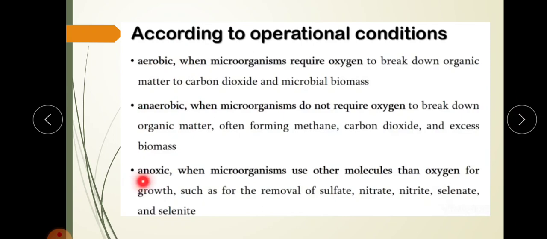And the last one is anoxic, that is when microorganisms use molecules other than oxygen for growth, such as for the removal of sulfate, nitrate and selenite. So the organisms use molecules other than oxygen, and it is known as anoxic.